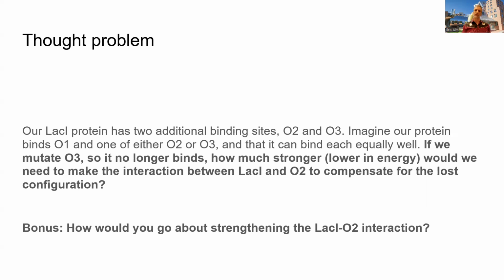So a number of configurations or a probability is related to an energy by a natural log. So what we need to do is lower the binding energy to the O2 site by the natural log of 2 times some constant, which is KT, which is 2.5 kilojoules per mole. That's all we ever have to worry about. Does that make sense? Okay, so how could I go about strengthening that interaction between LAC-I and the O2 site?